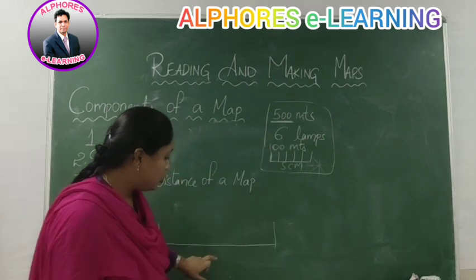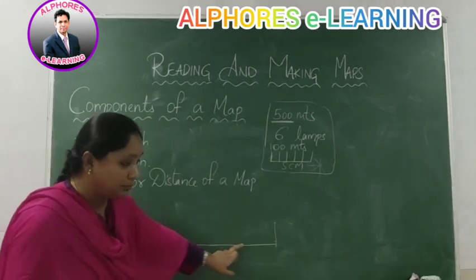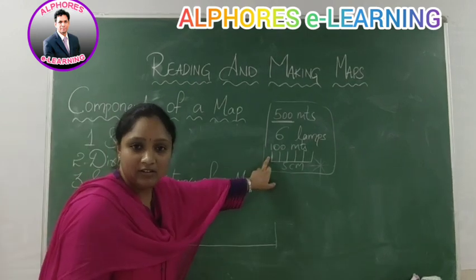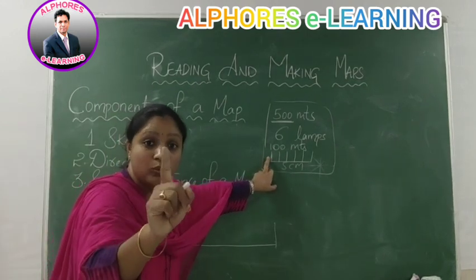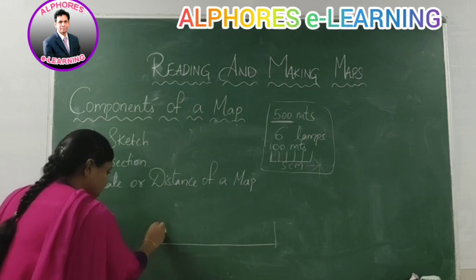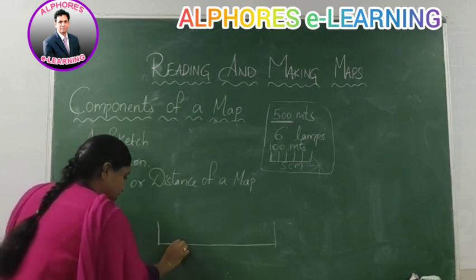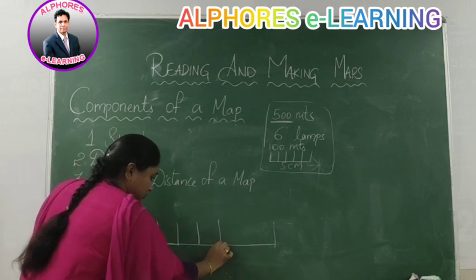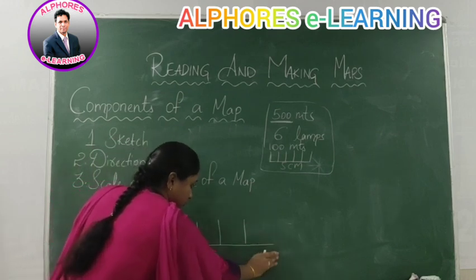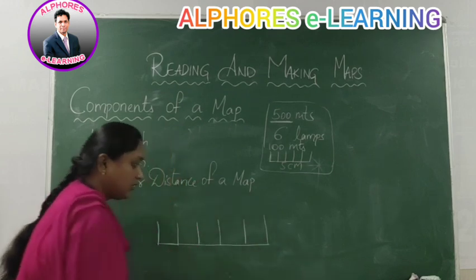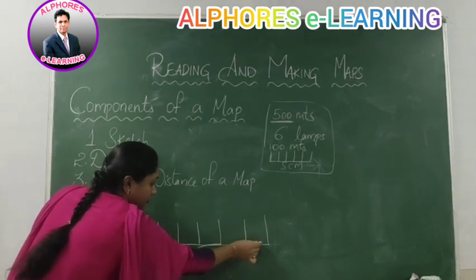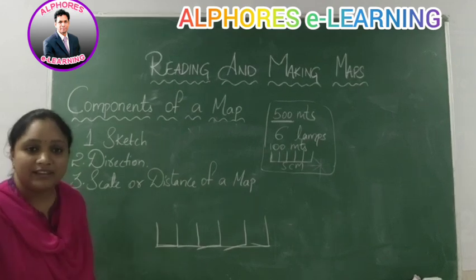But here, as he has taken the 500 meters as 5 centimeters, obviously 100 meters he'll consider as 1 centimeter. So he'll be taking the distance of 1 centimeter. You can see the distance easily, 1, 1, 1, 1. You got all the 6 lamps over there.